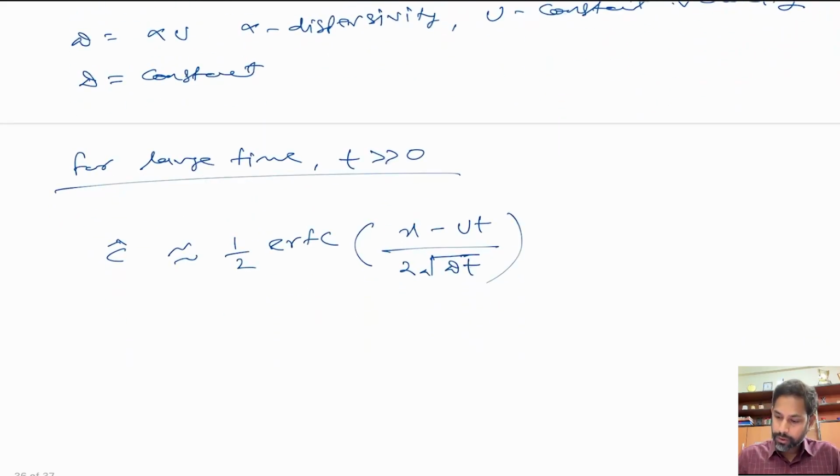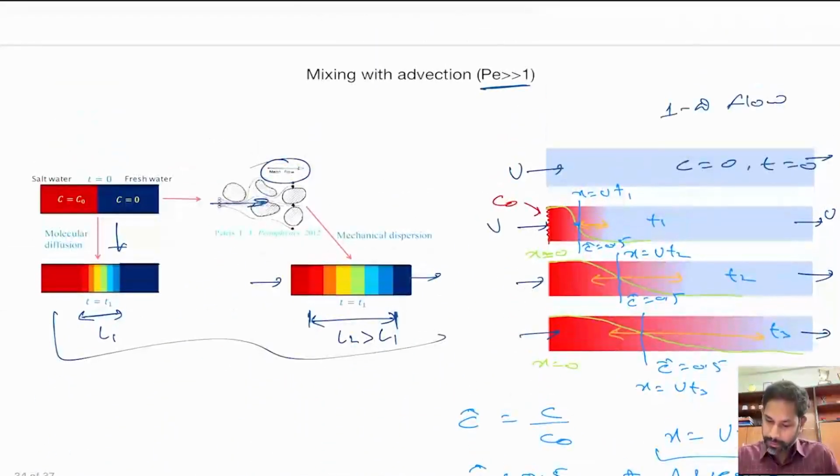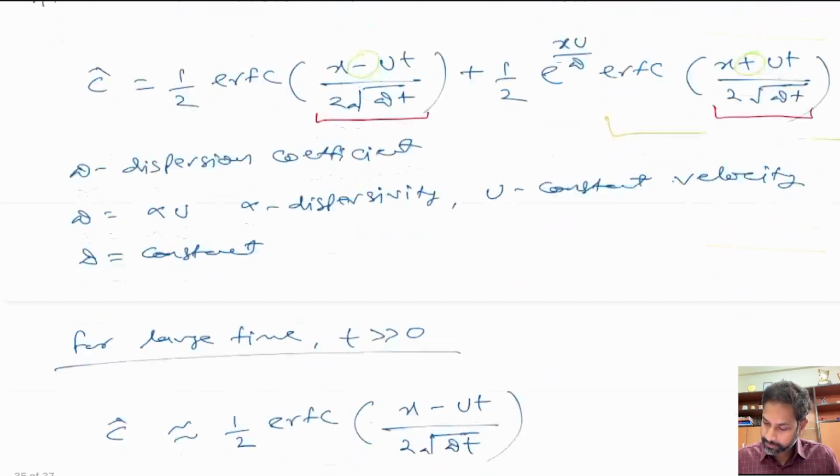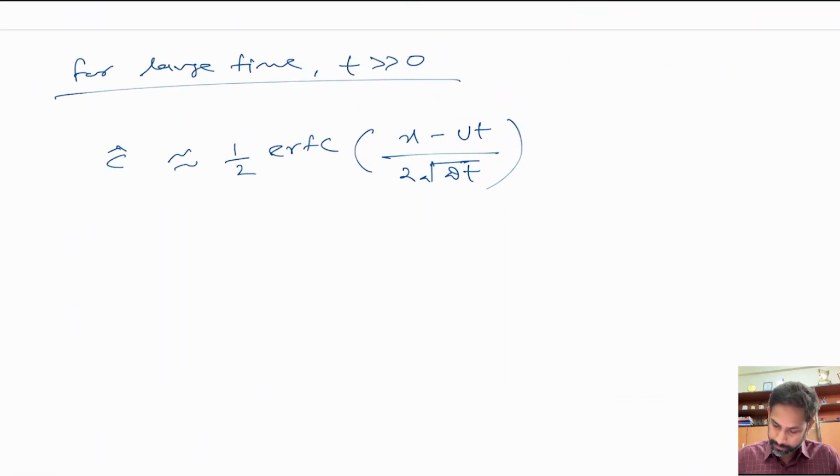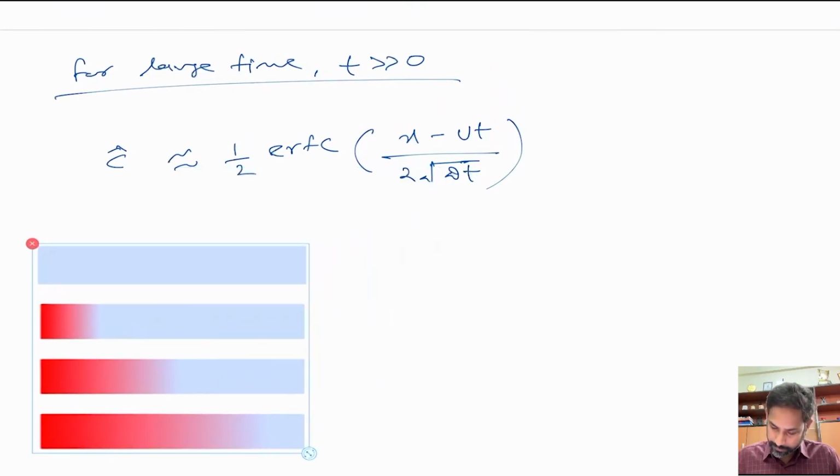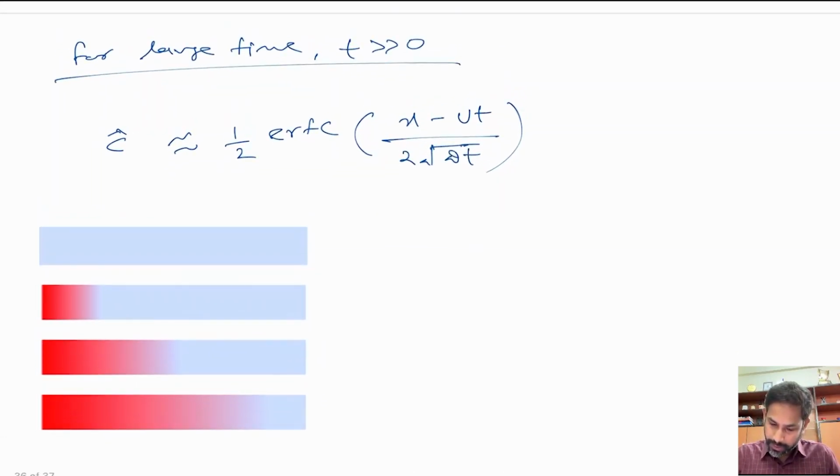Okay, so now if you want to plot the concentration for this particular case which we are considering, it will look something like this.